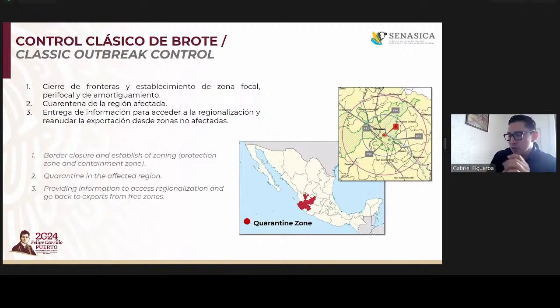This is the classic scheme for outbreaks, as Dr. Cristobal already mentioned, and also Dr. Tracy, in relation to how we can apply this outbreak control strategy. What we do is, once we identify the presence of African swine fever within our territory, we close our borders, and we advise our partners that we have these, and we establish the buffer and the protection areas.